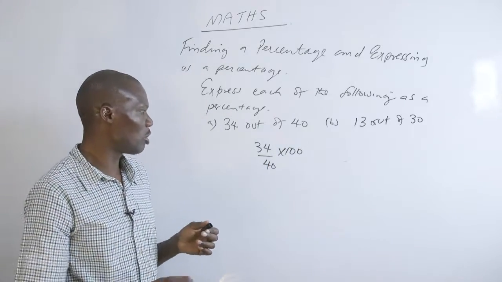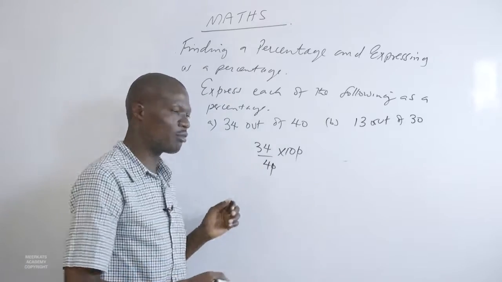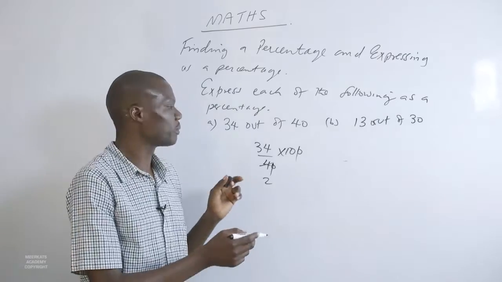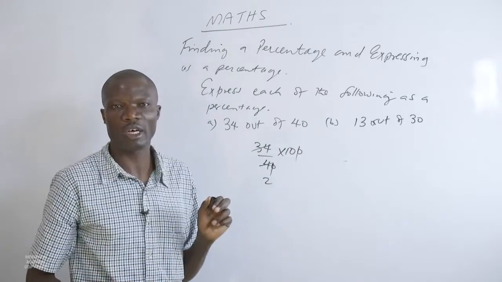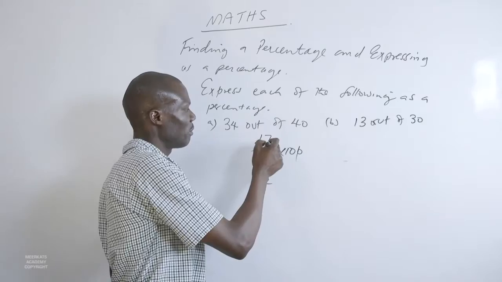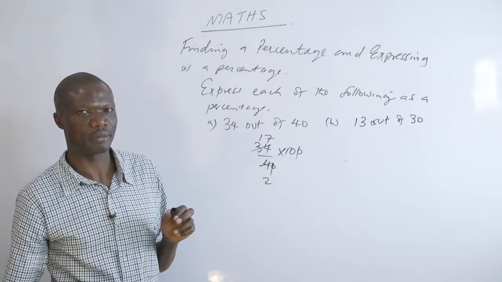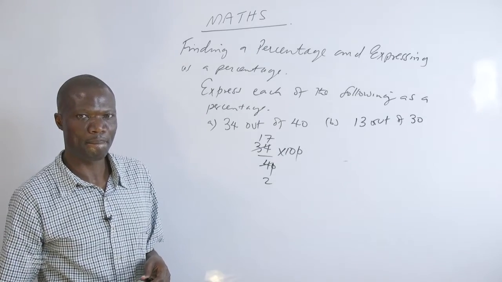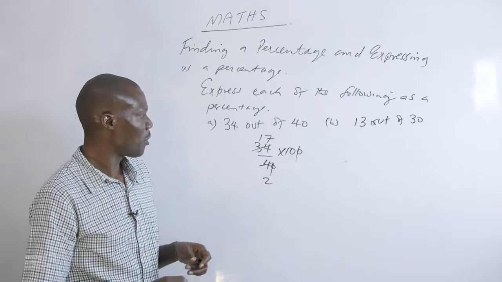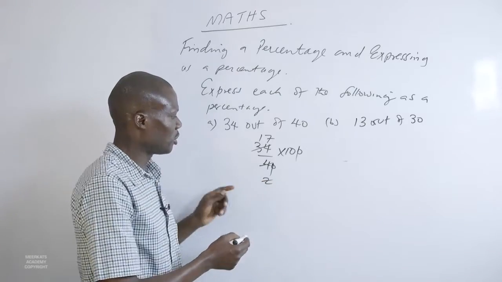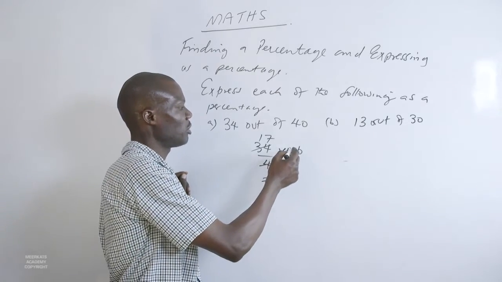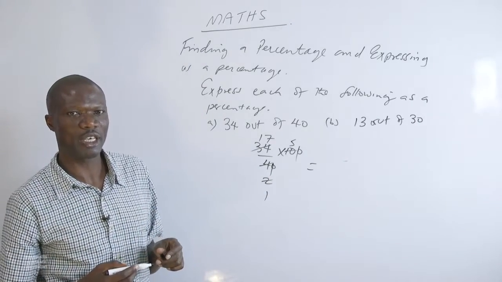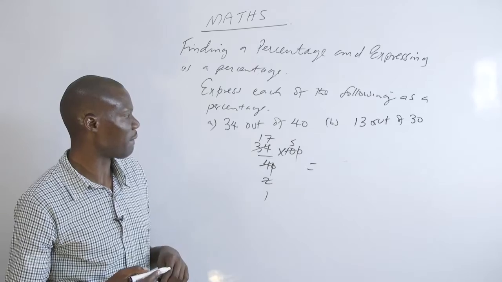Simplify where possible. By 10, we can have 4 and 10. By 2 is 2. By 2 up here is 17. Then we can simplify further. By 2 is 1, and by 2 is 5. So we have 17 times 5.